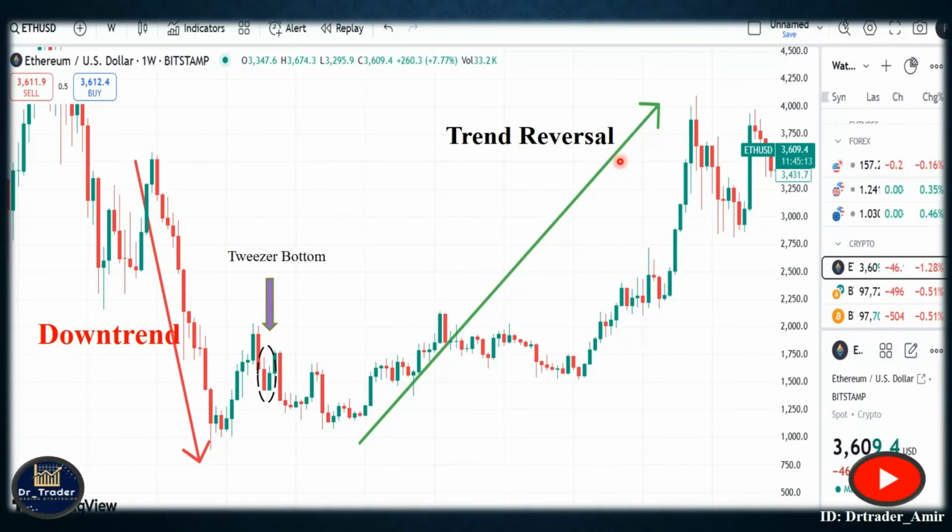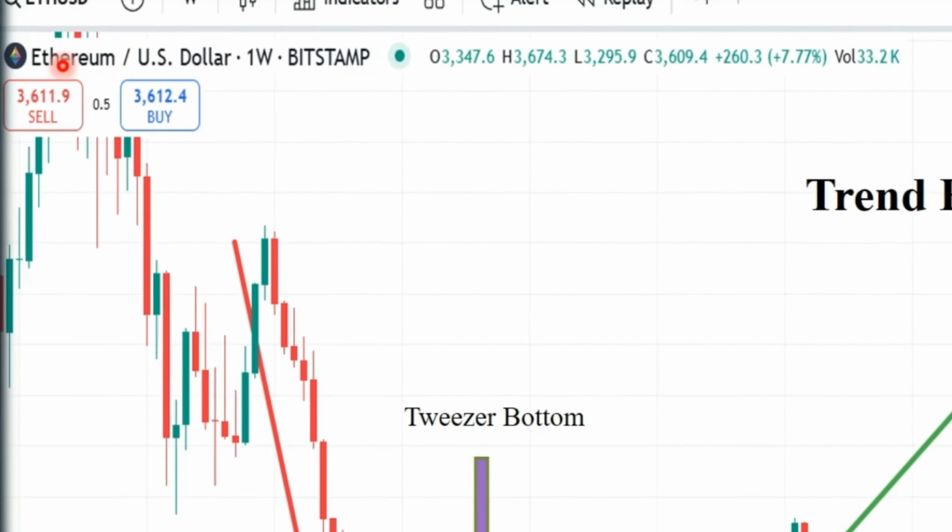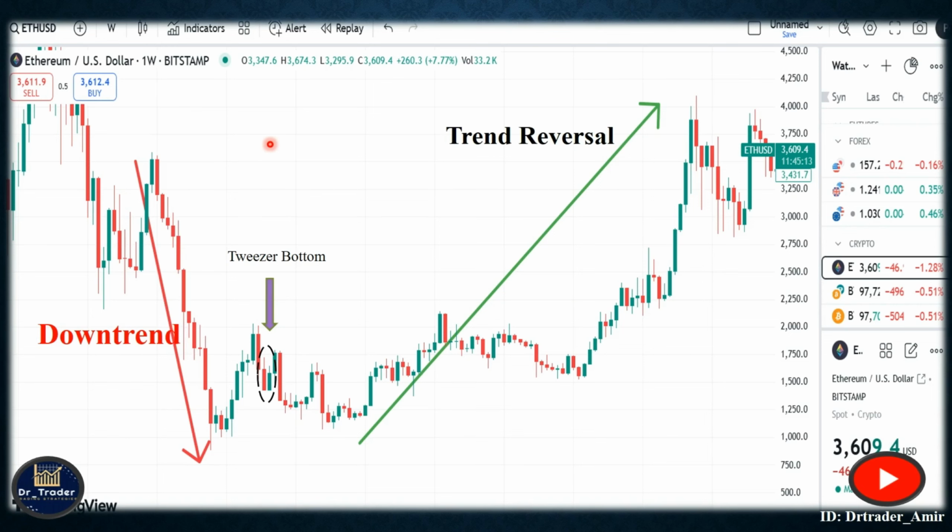And also, I brought you a real-time example from the Ethereum market, and we can see that at first there was a downtrend, and the price decreased from $3,500 to less than $1,000. The market suddenly sees this tweezer bottom, and you can see that the market was so sensitive and aware of this candlestick pattern.